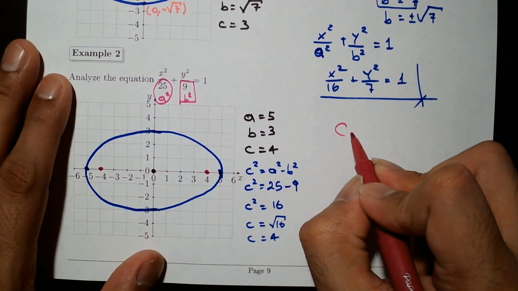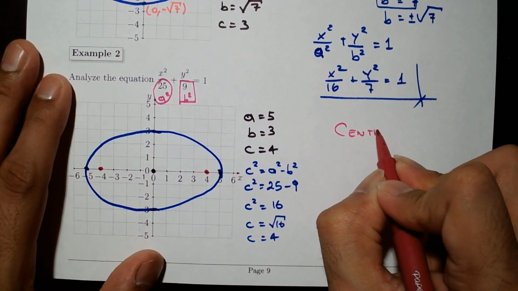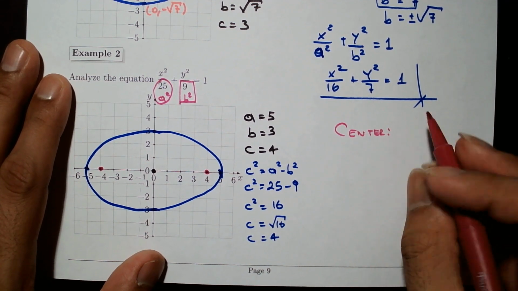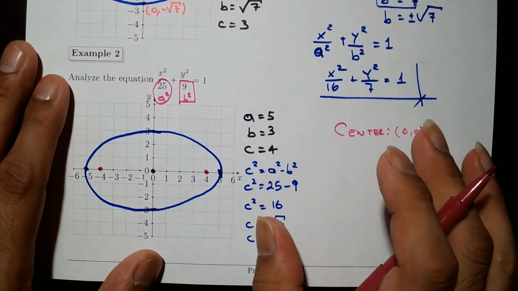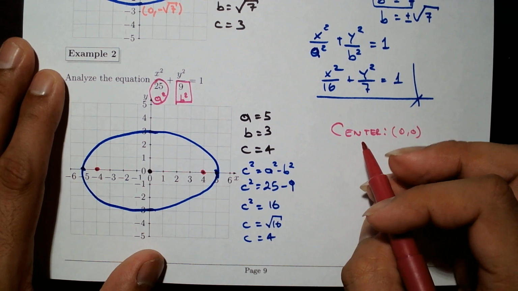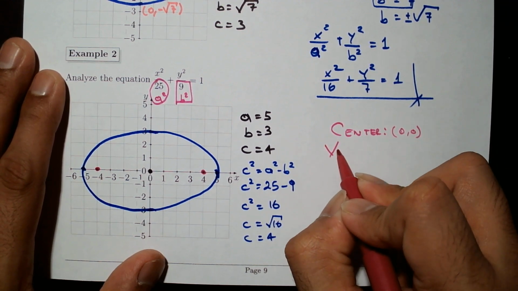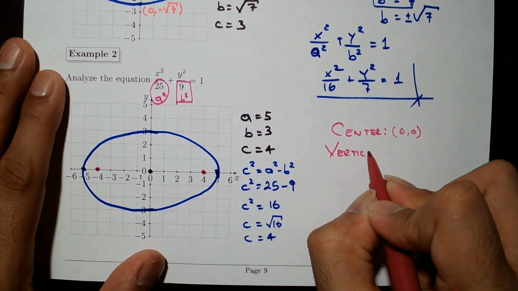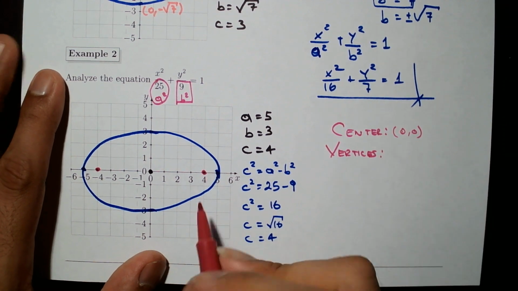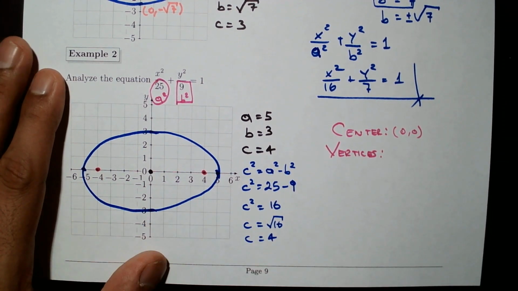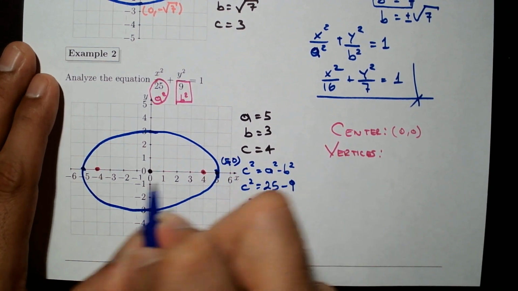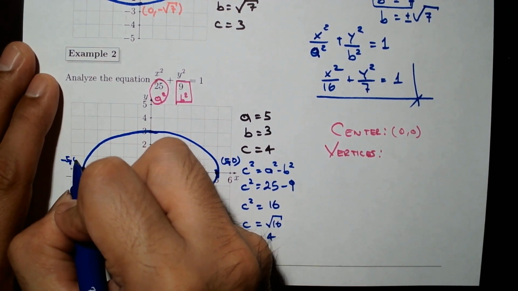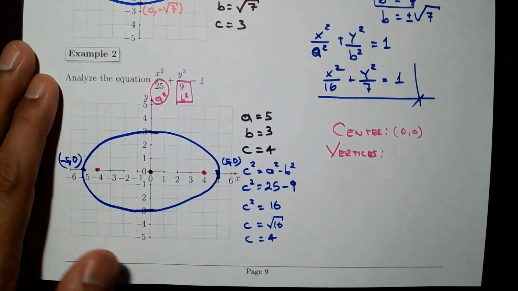Center. Center is the origin. We don't have those translated ones yet. Vertices. The vertices are these endpoints right here. That is 5, 0, -5, 0.